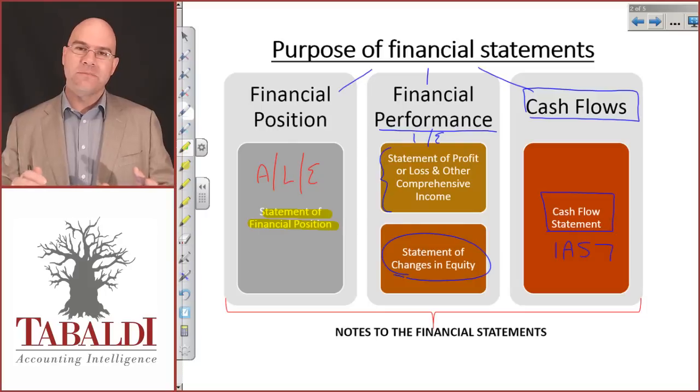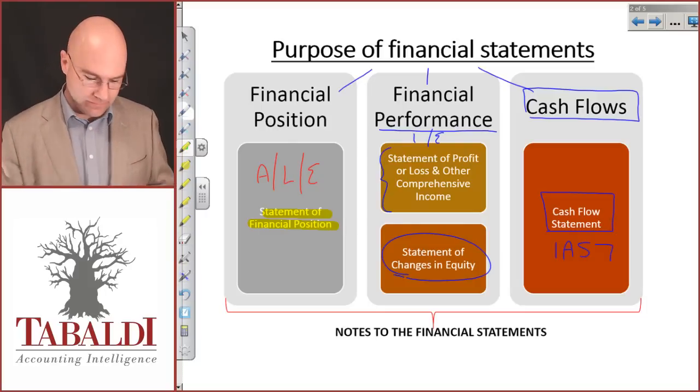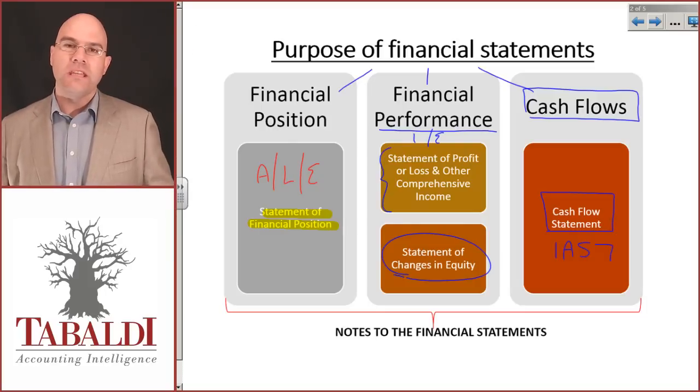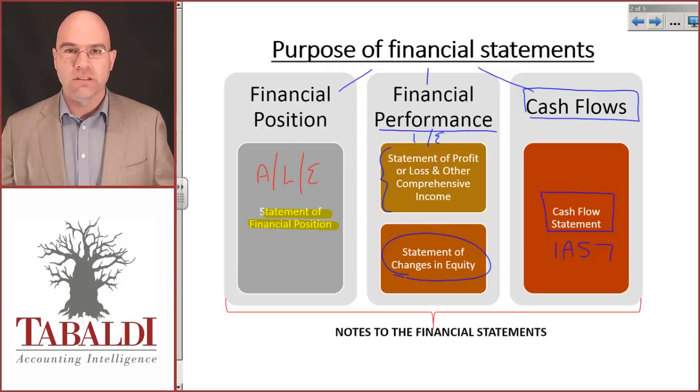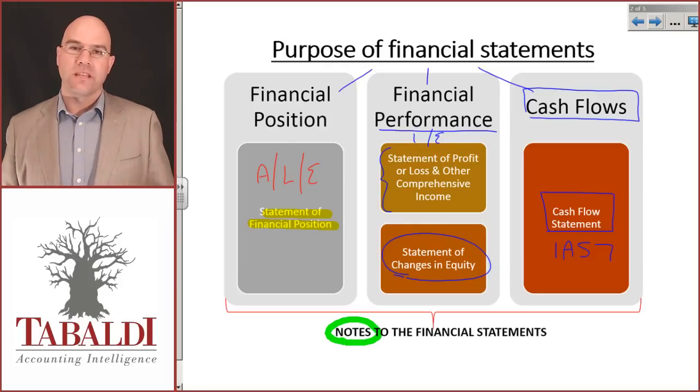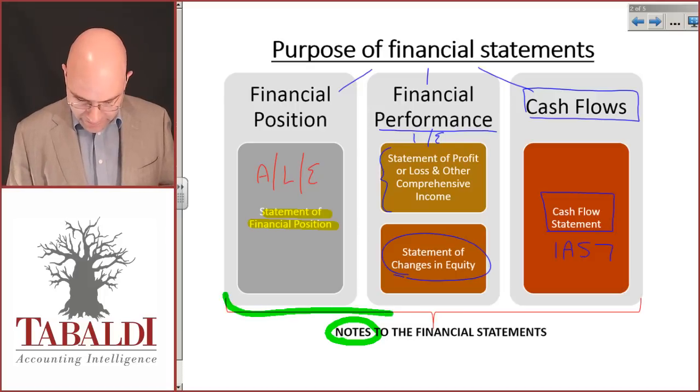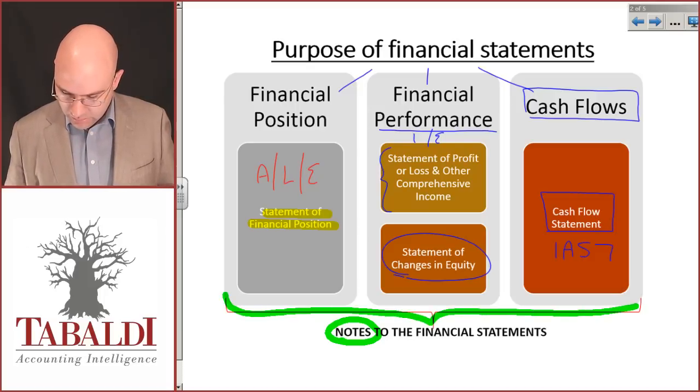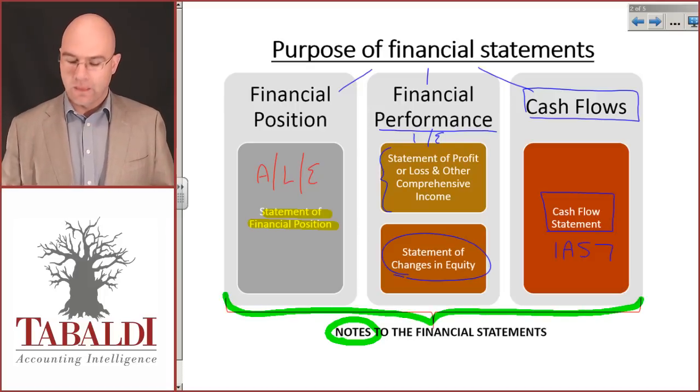Now, all of these items that are recognized in the statement of financial position will also need further disclosures and additional information, which we will provide in the notes to the financial statements. So the notes will affect every single component.